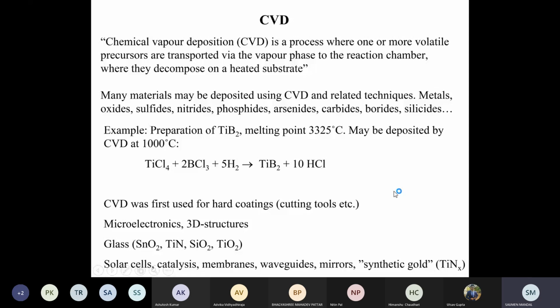So people make a synthetic gold coating using titanium nitride. It gives a similar color to gold, and also a very hard coating. So the chances of scratches and other damage will be much less in the case of this titanium nitride coating.